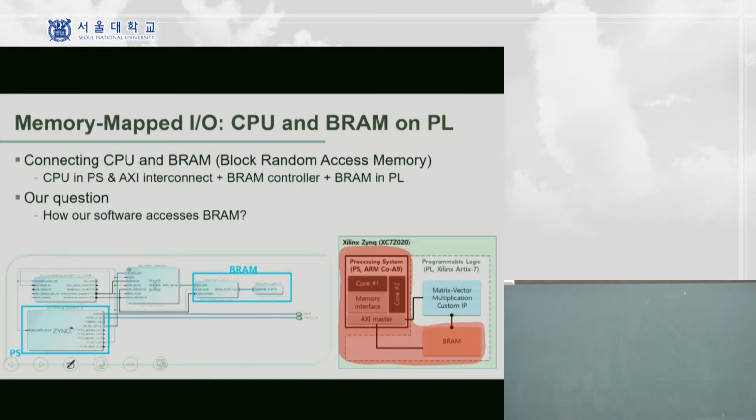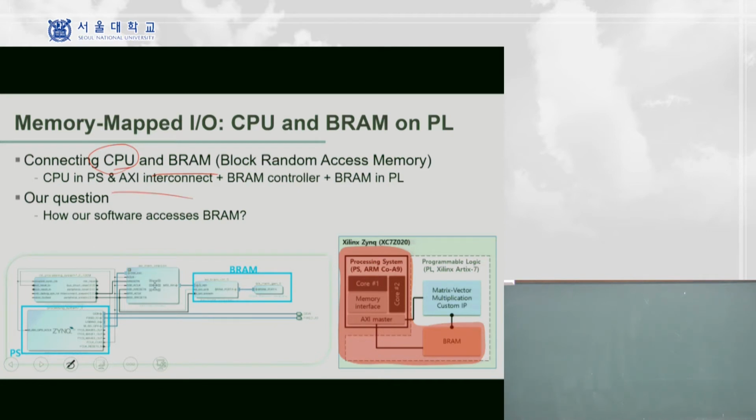So the basic mechanism we use to communicate between software and hardware is what is called memory mapped I/O. From a software perspective, we map the registers and memory from this module into the memory space. So for example, if you want to connect this CPU with BRAM, block RAM, then in terms of hardware, we use AXI interconnect.